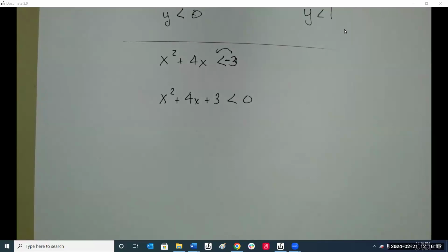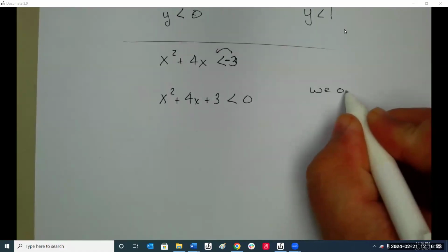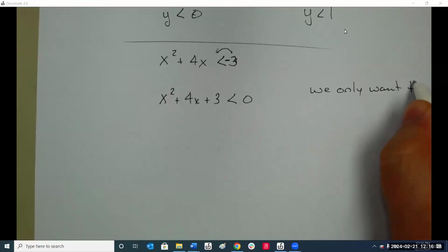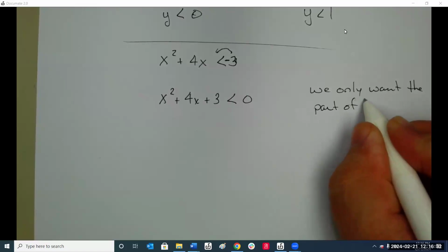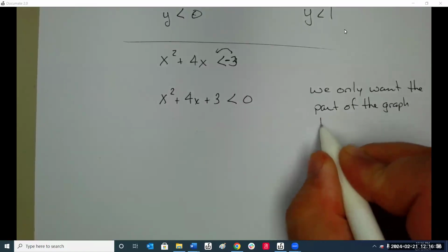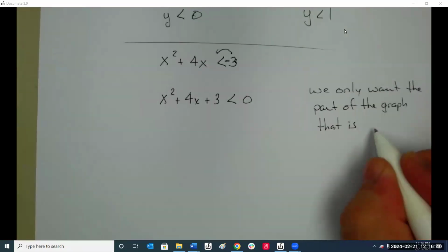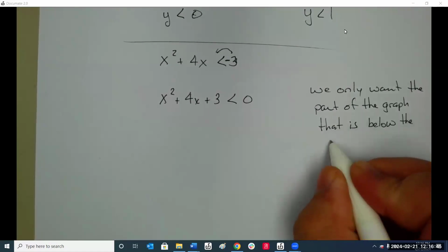But here, we only want the part of the graph that is, since it's less than, below the x-axis.